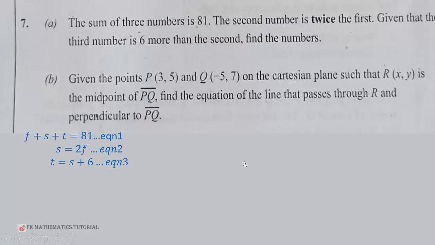So what are we going to do now? We are going to put equation 2 into both equation 1 and equation 3. When you put equation 2 into equation 1, wherever we see S, we put 2F. So we get F plus 2F plus T equals 81.